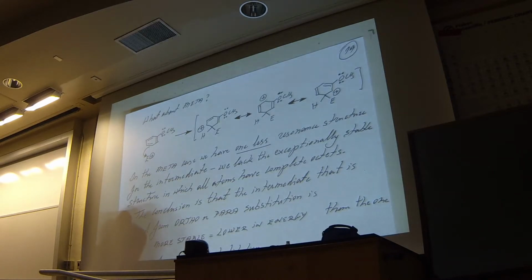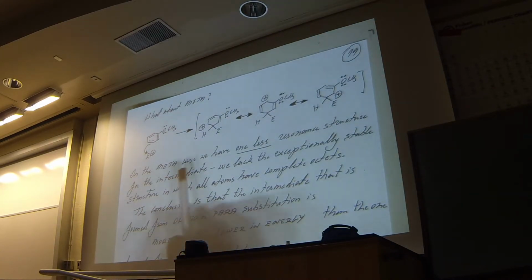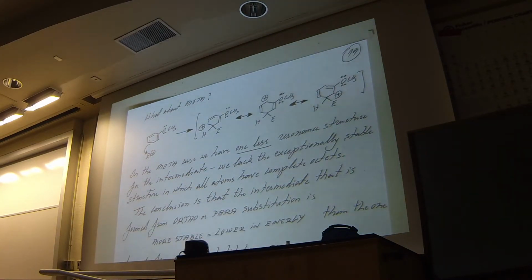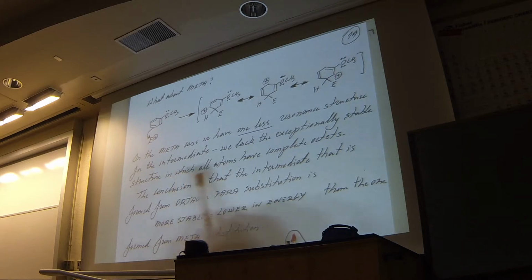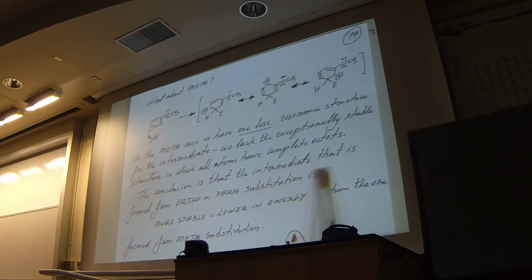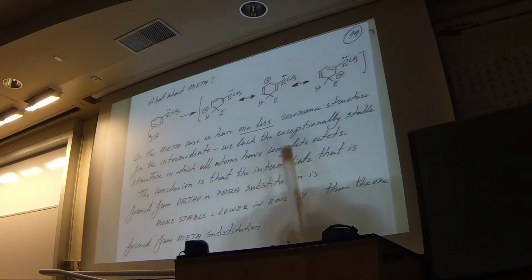What that tells you is that in the meta case, you have 1 less resonance structure than ortho/para, and you lack the exceptionally stable structure where all atoms have complete octets. So the reason that you end up with ortho/para substitution and not meta substitution is because the stability of that intermediate is reflected in the energy of the transition state, Hammond's postulate.